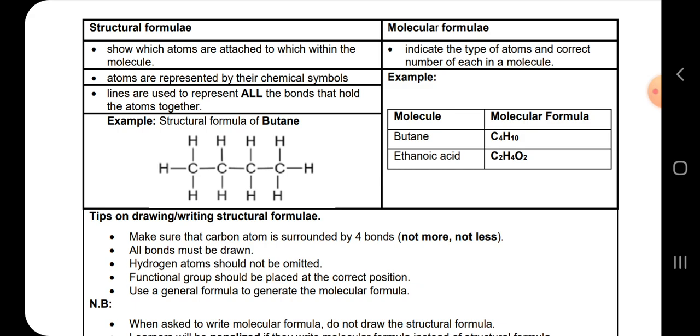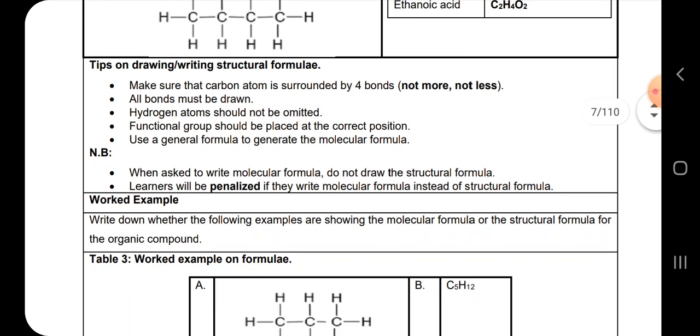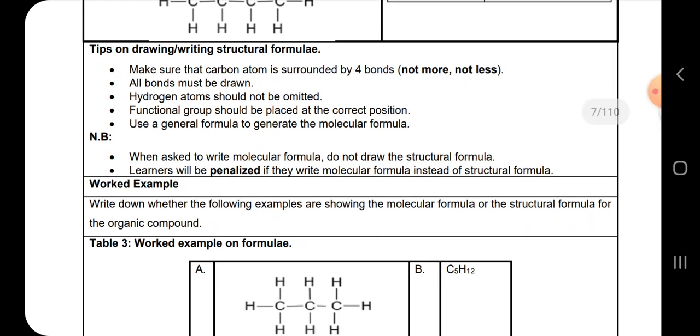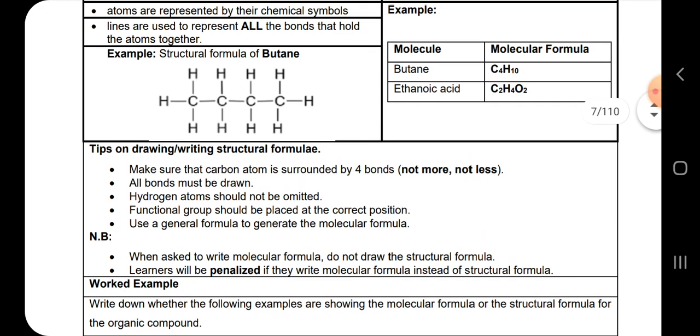Okay, now some tips on drawing the formula: make sure that a carbon atom is surrounded by 4 bonds, not more, not less. You see, they are surrounded by 4 bonds. The first carbon is surrounded by hydrogen on the top, hydrogen on the left, hydrogen on the bottom, and on the right hand side it is bonded to another carbon.